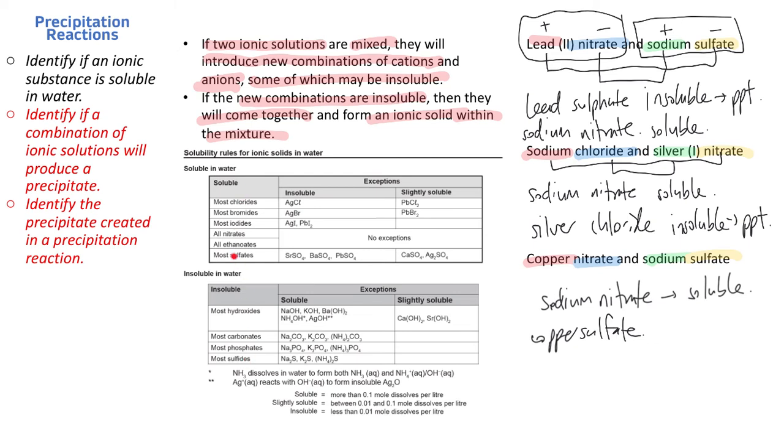Sulfates are up here, soluble. In the soluble table, we check if copper is an exception. Copper is not an exception, so therefore this is soluble. So this one is not going to form a precipitate. It's just going to have the two solutions mix and not have a reaction. So this is just going to be no reaction, or no precipitate is formed.